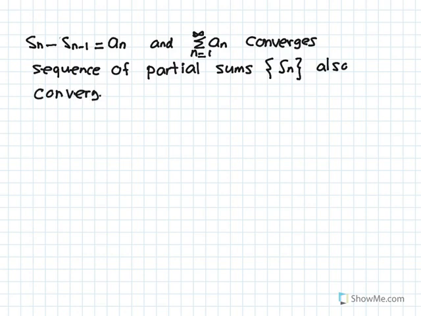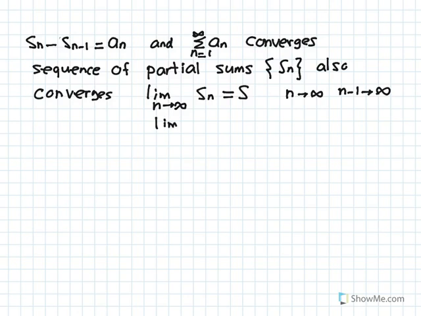Now let's assume that the limit as n approaches infinity of the nth partial sum is equal to s. When n goes to infinity, n minus 1 also approaches infinity. That means the limit as n approaches infinity of the n minus 1th partial sum, Sn minus 1, is also equal to s.